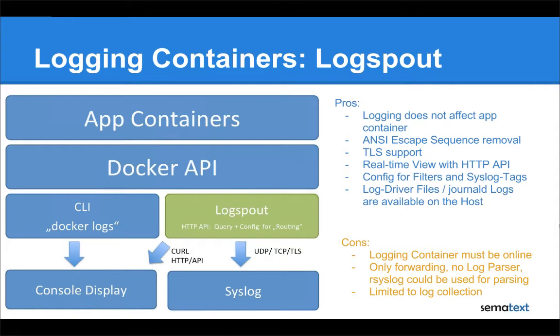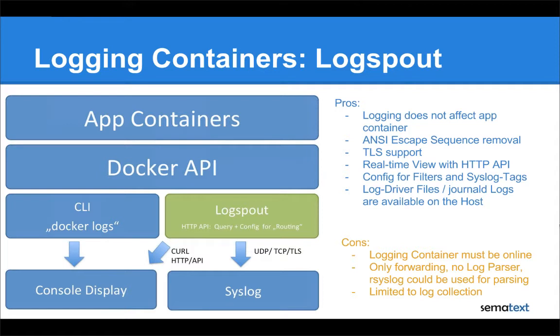And it has nice features, like it can handle ANSI escape sequences. A container output is the console output of the program running in a container. And today it's very popular to use colored logs, like error messages in red and success messages in green.